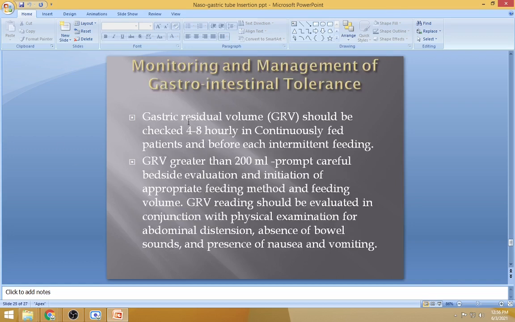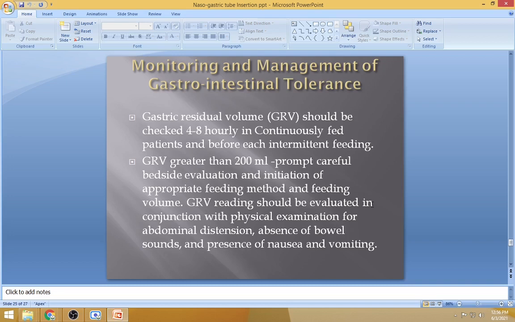Okay. So gastric residual volume should be checked 4 to 8 hourly in continuous feed patients and before each feeding. If gastric residual volume is greater than 200 ml, then a prompt, careful bedside evaluation should be done.